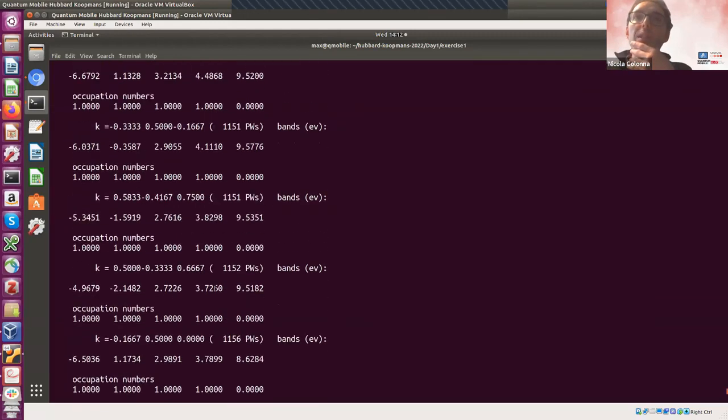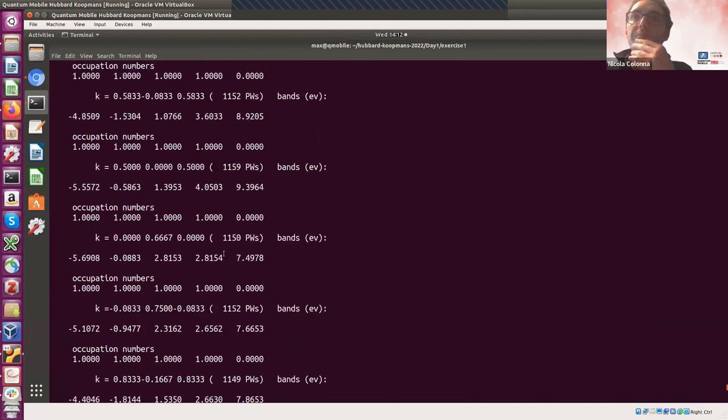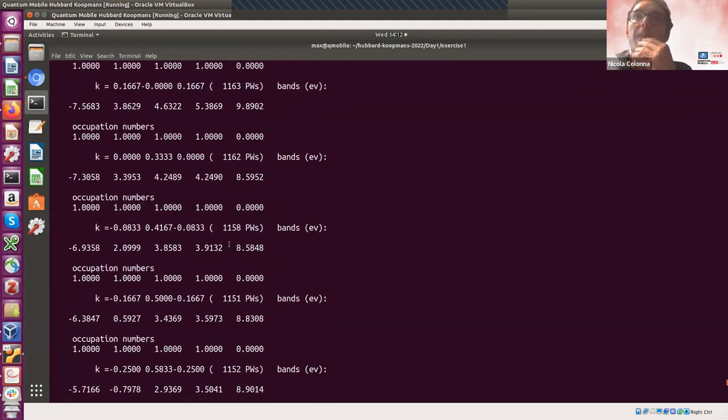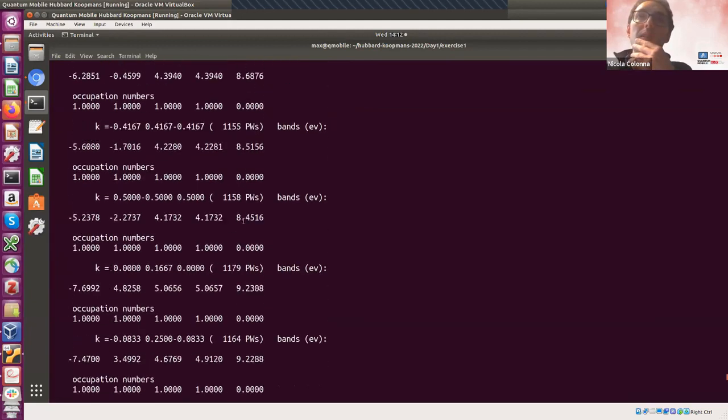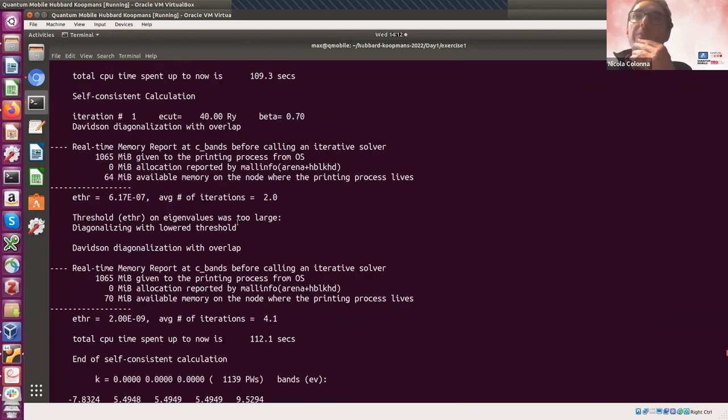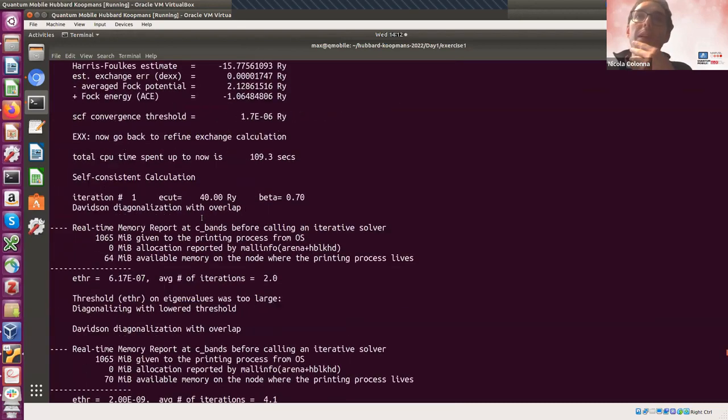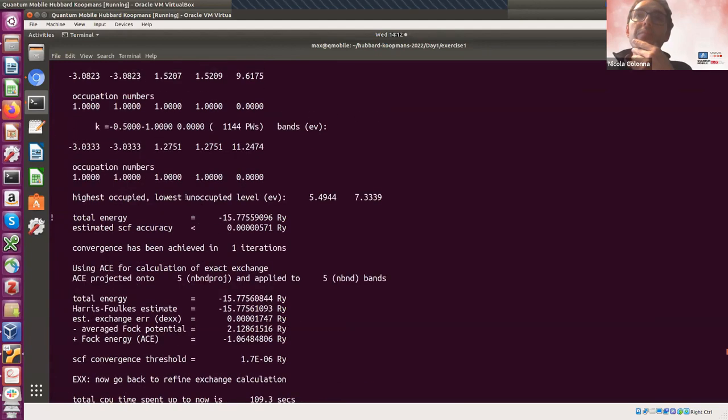Let me go a bit up. Okay. So again, it's what is happening here. You see, at a certain point, we see total energy, meaning that one of these inner loops is converged, so the density has been calculated. I have an estimate for the total energy.